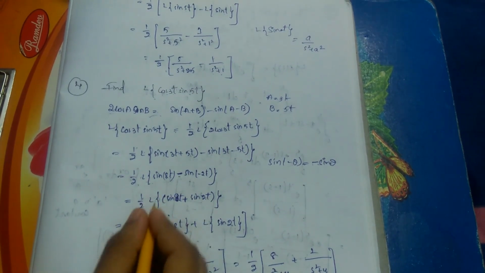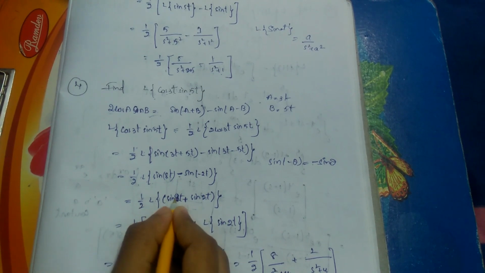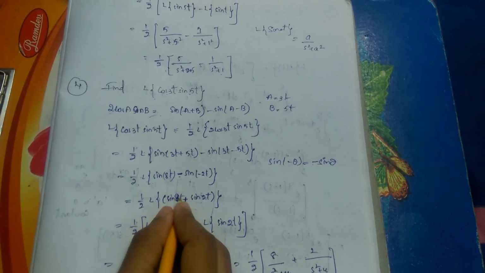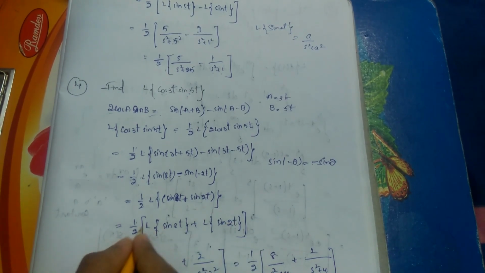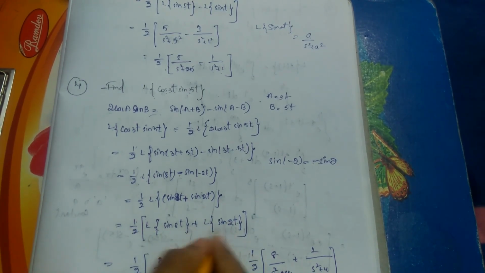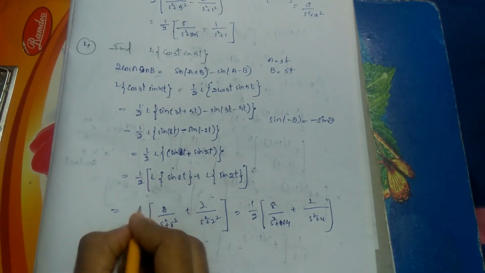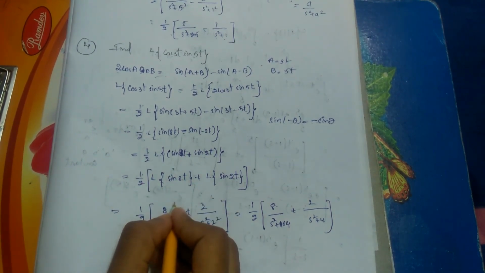So 1 by 2 is common for both terms, and we write the Laplace transform of each term separately: Laplace transform of sin 8t plus Laplace transform of sin 2t. Now we have to use a formula: the Laplace transform of sin at is a by s square plus a square.